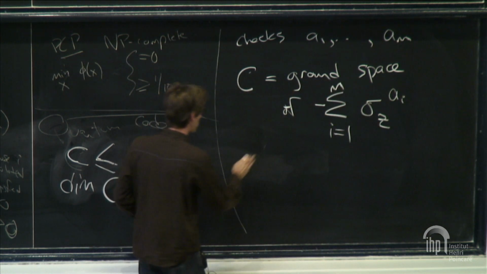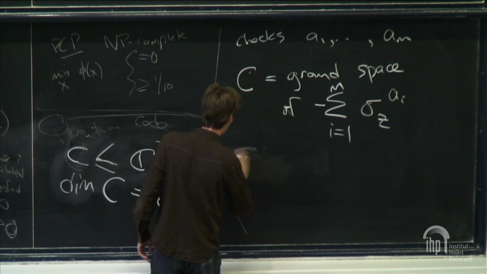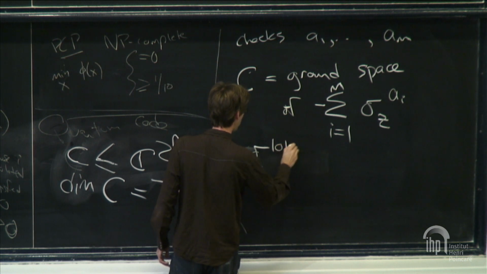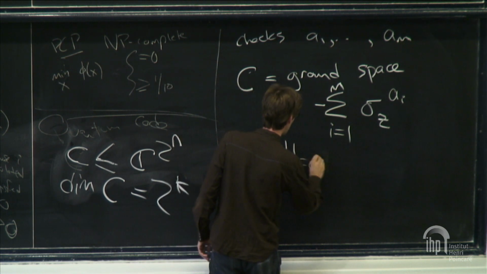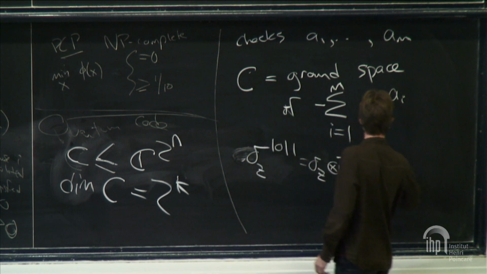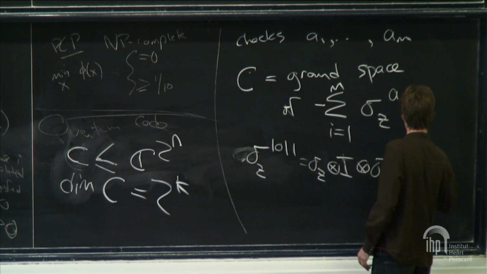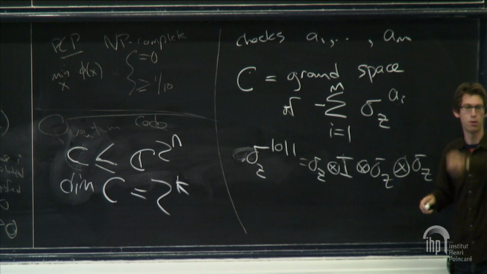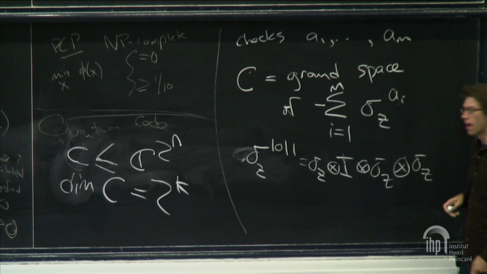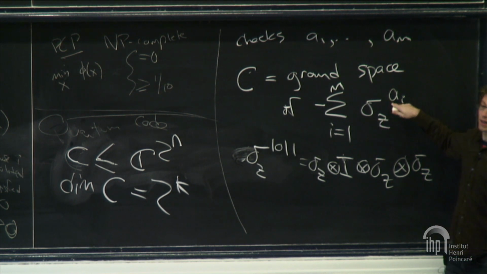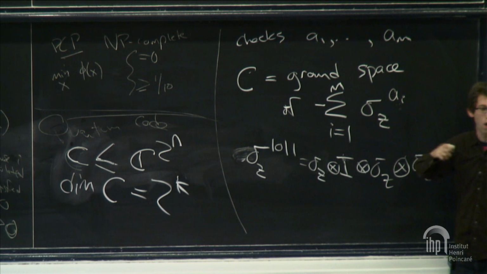Okay, so what do I mean by this? If I write sigma z to the 1, 0, 1, 1, what I mean is sigma z tensor identity, tensor sigma z, tensor sigma z, right? So if this is a vector, it means wherever there are ones, I put a z in that position. And you can see that the eigenvalues of this product of sigma z's are going to be plus or minus ones.